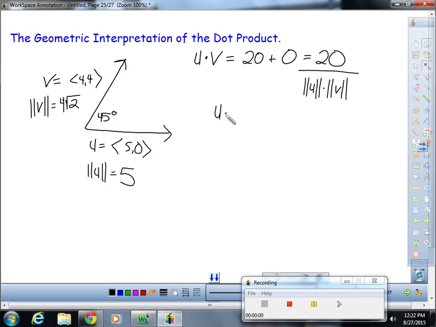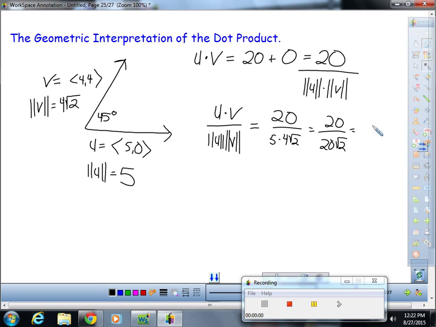Okay, so u dot v over the magnitude of u times the magnitude of v is 20 over, magnitude of u, 5 times 4 radical 2. Well, let's look at what that is. 20 over 20 radical 2, which is radical 2 over 2.